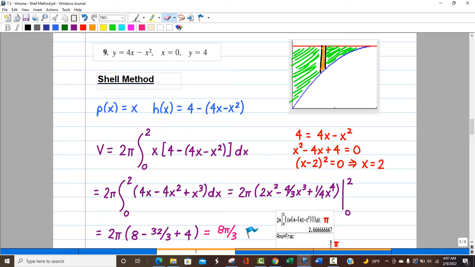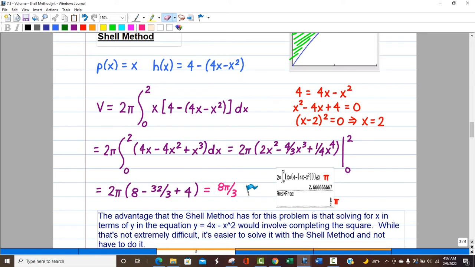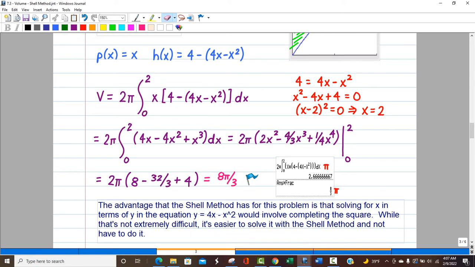So now you have these two functions multiplied together, and then be careful, of course, when you distribute the negative, it changes both of those signs. Multiply the x through there. Pretty basic antiderivative here. 4x would be 2x squared, minus 4x squared would be minus 4/3 x cubed, and then x cubed would be 1/4 x to the 4th.